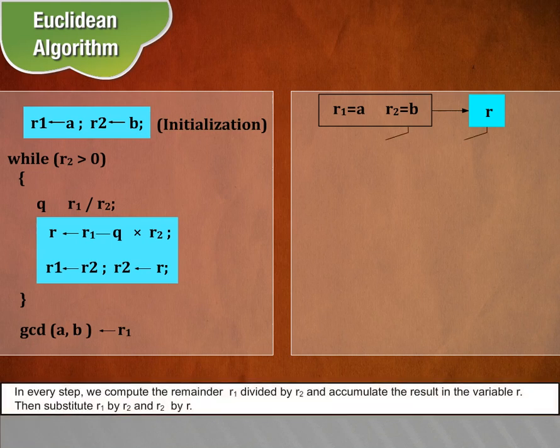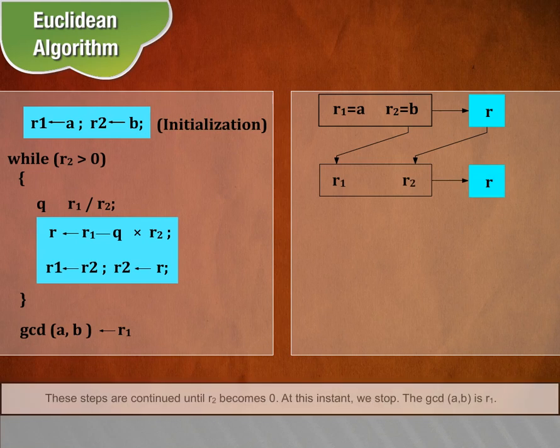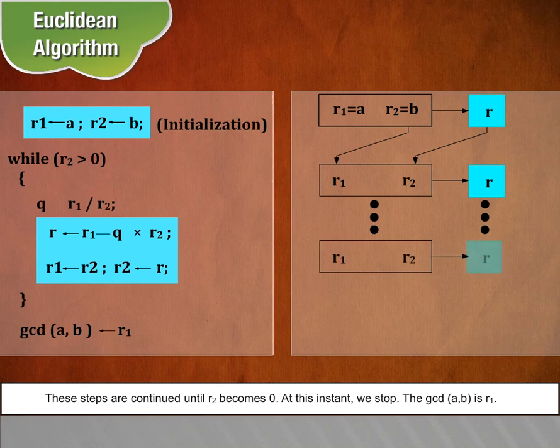In every step, we compute the remainder of r1 divided by r2 and accumulate the result in the variable r. Then substitute r1 by r2 and r2 by r. These steps are continued until r2 becomes 0. At this instant, we stop. The GCD of a and b is r1.